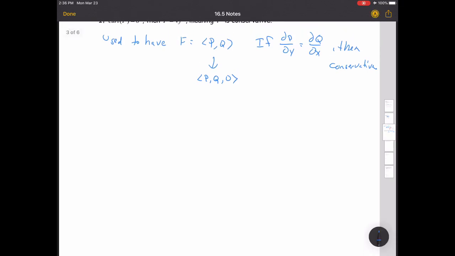Curl of F is some i, j, k, d/dx, d/dy, d/dz, and then you're going to have some kind of P of xy, Q of xy, and then 0.